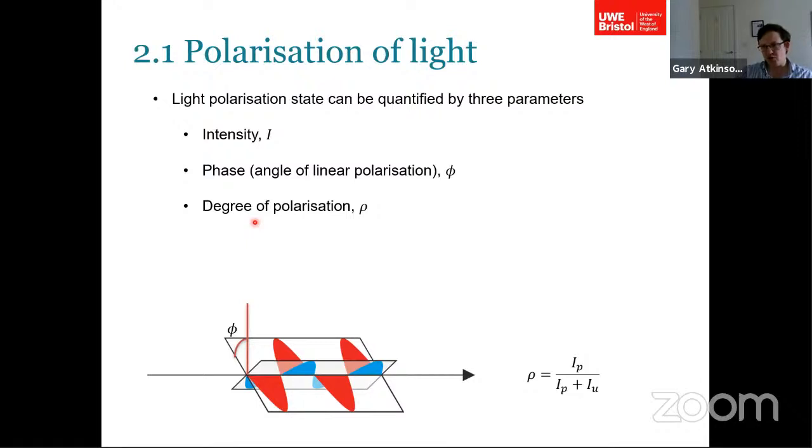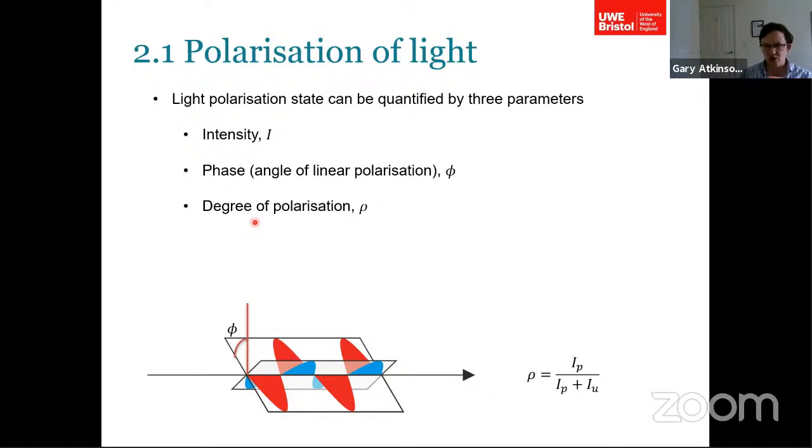This is the ratio of the polarized to the unpolarized light. For example, if the degree of polarization was 0, it means unpolarized. If the degree of polarization is 1 or 100%, it means it's fully polarized. And then it can take anywhere in between. So this one, for example, might be 50% polarized. So that's how we're going to parameterize the state of the light.